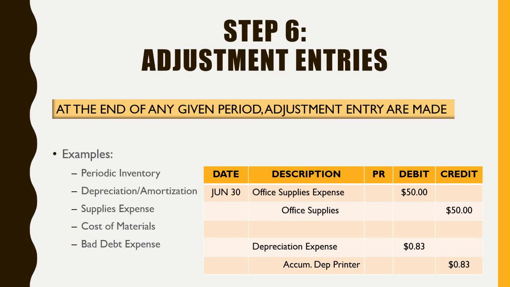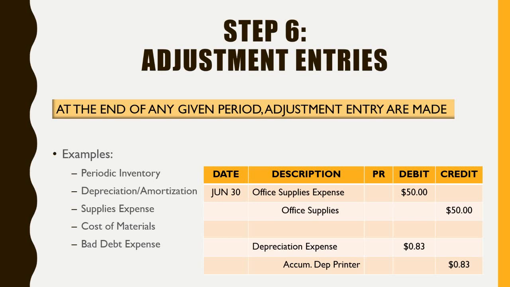Now, what are typical things that you can adjust is the question you want to ask. In this case, when we talk about periodic inventory, which we will in chapter 5, that's where it is necessary for us to complete what's called a conversion entry, which adjusts the inventory for you at the end of a given accounting period. That is definitely going to be an example. We're going to take a look at that in chapter 6.